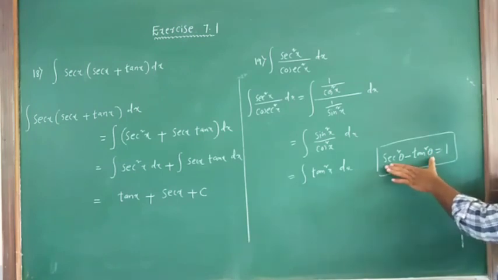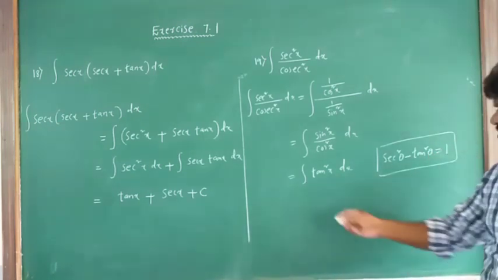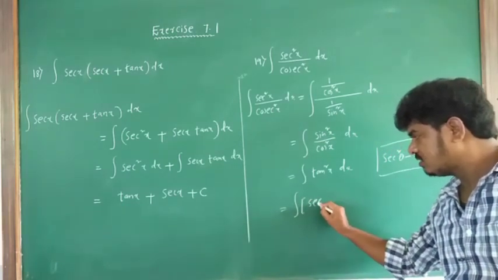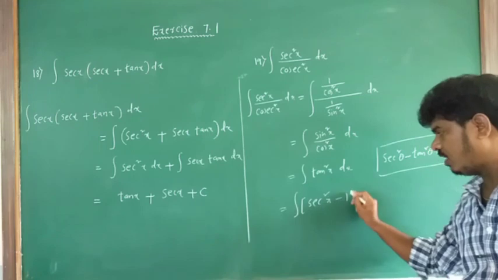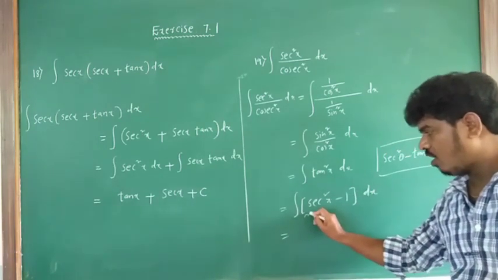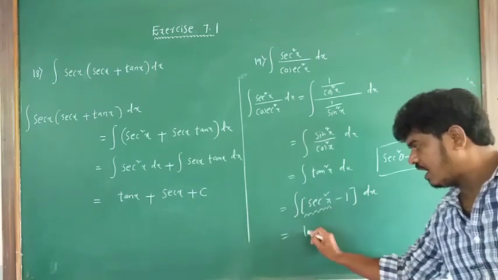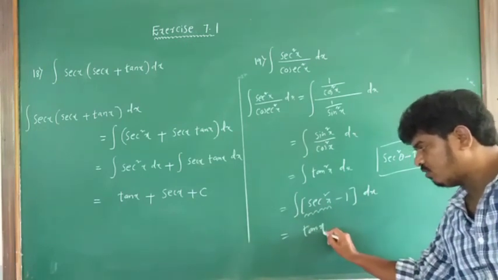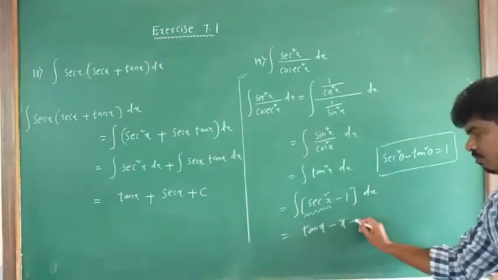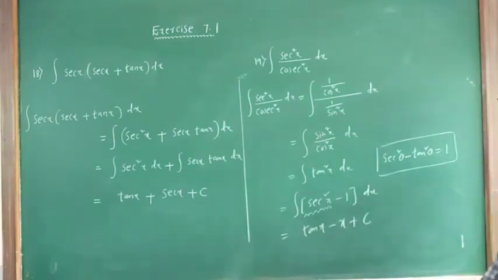Secant square x minus 1 equals tan square x. So it can be taken as the integral of secant square x minus 1 dx. I am writing directly the integral of secant square x is tan x, minus the integral of 1 is x, plus c.